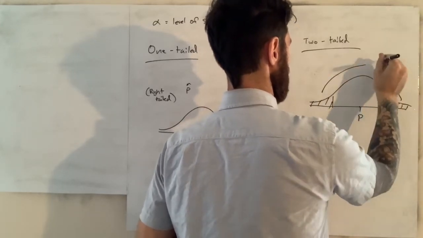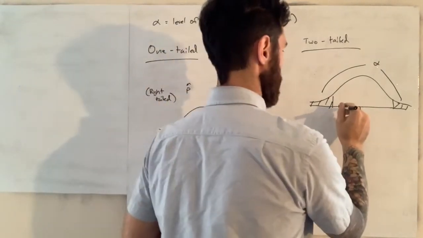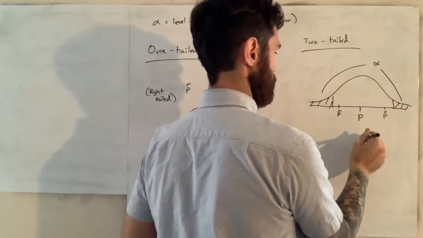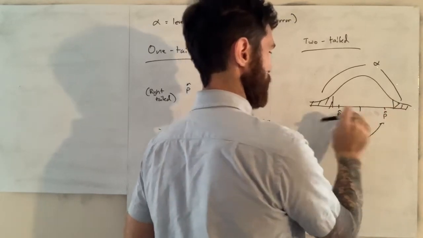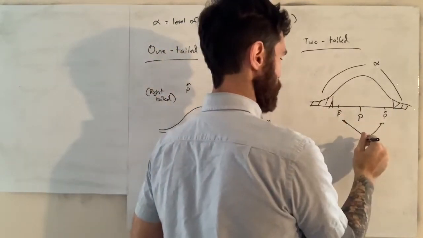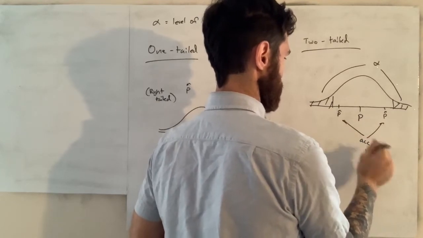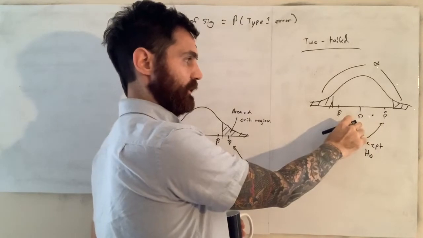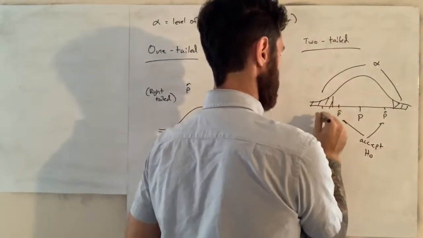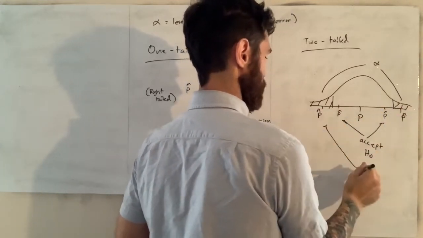So this is going to be your alpha there. And if your p hat does not live in that critical region, you're going to accept your null hypothesis, because this is still a very, very likely value for the proportion. And if the p hat is outside, this is where you reject it.